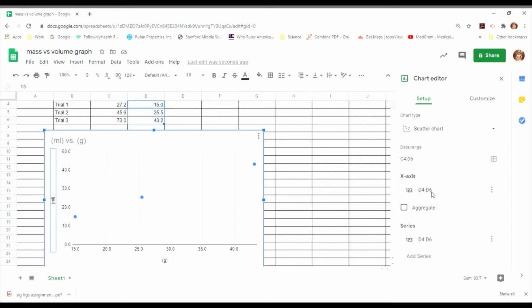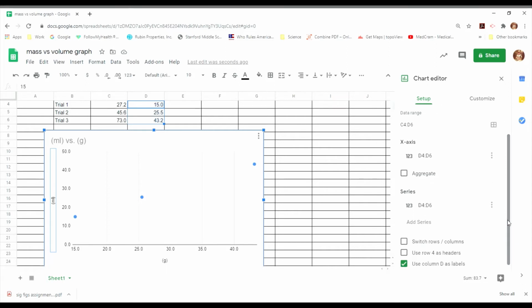Okay. So now you've put your volume on the x-axis. Now we need to tell this thing to put the mass on the y-axis. So you go to series. The reason I said series is because you can plot several different things versus the same x-axis. You could have put volume and maybe temperature, maybe some data for something else.